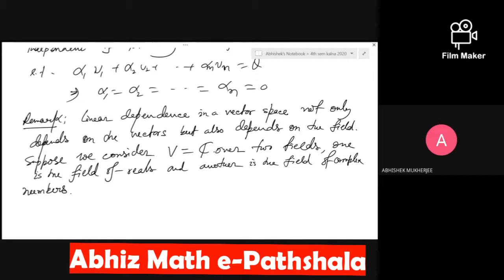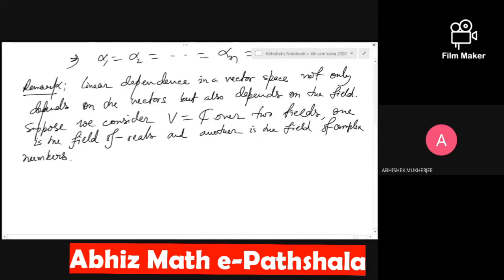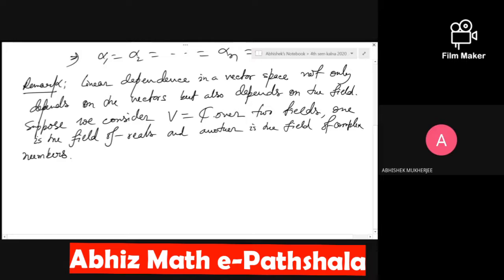Now let us consider two vectors in the vector space C. Suppose one is i and another one is -1. Now over the field of reals, these two vectors are linearly independent. But over the field of complex, this set is not linearly independent.